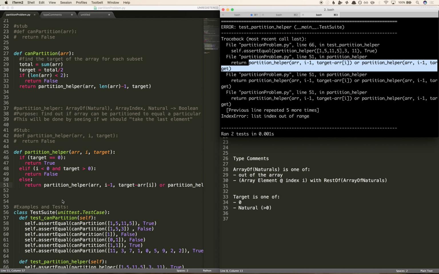So let's look into that case. If we go to line 58 in our code in the test, let's try to run it through our head and see what happens.